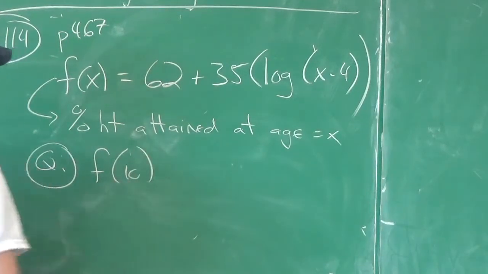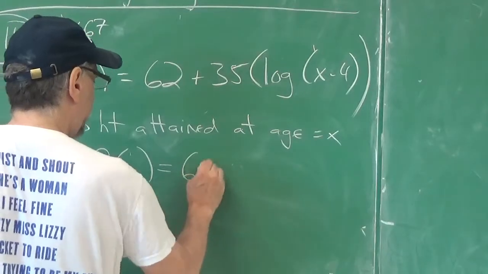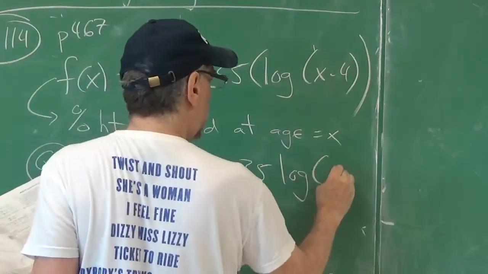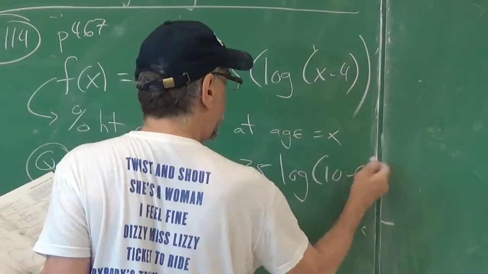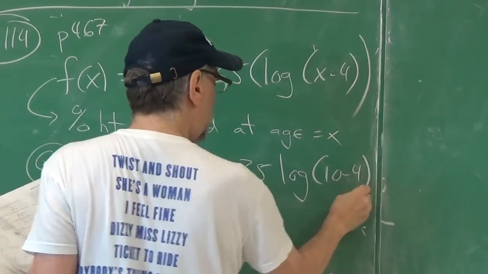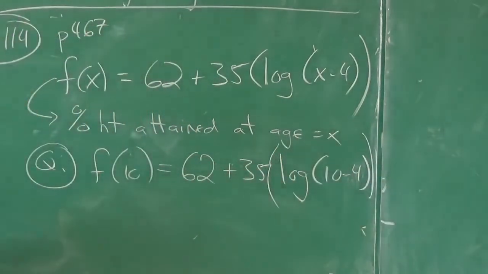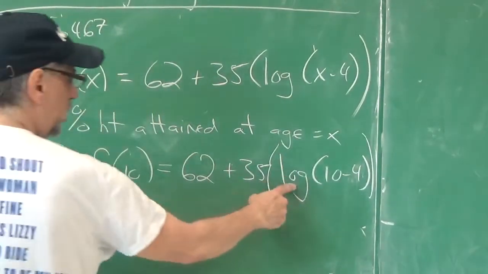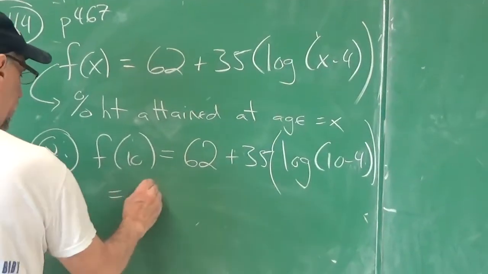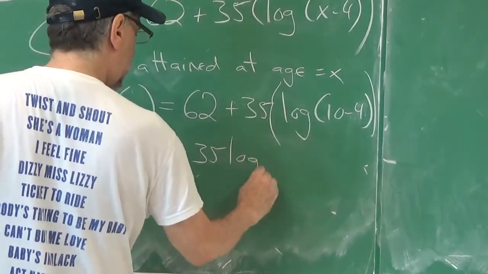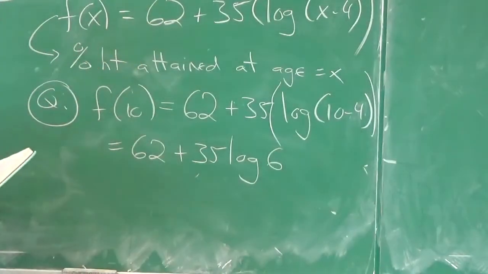That's all it is. And we're just plugging 10 into this function. So 10 minus 4. Okay. So logarithm of 6, so we get 62 plus 35 times logarithm base 10 of 6.